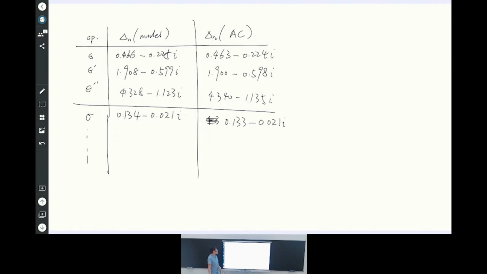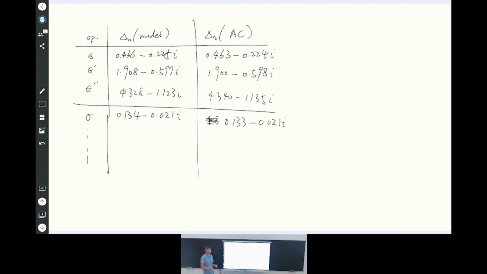This makes me think that in this case, the analytic continuation is almost exact.